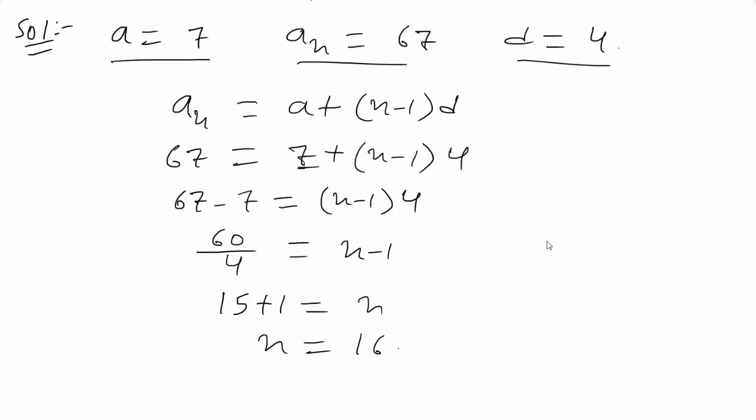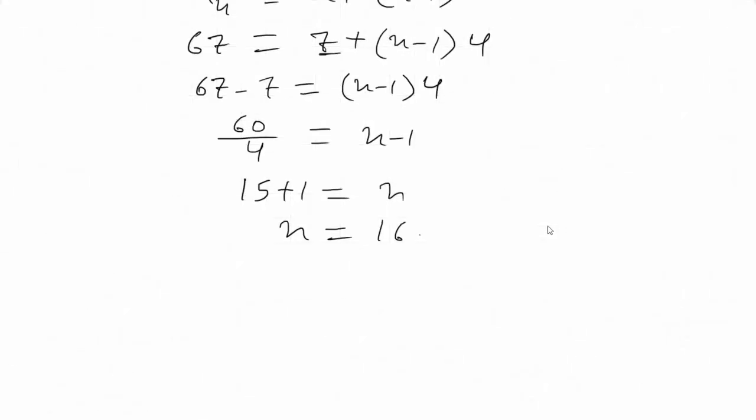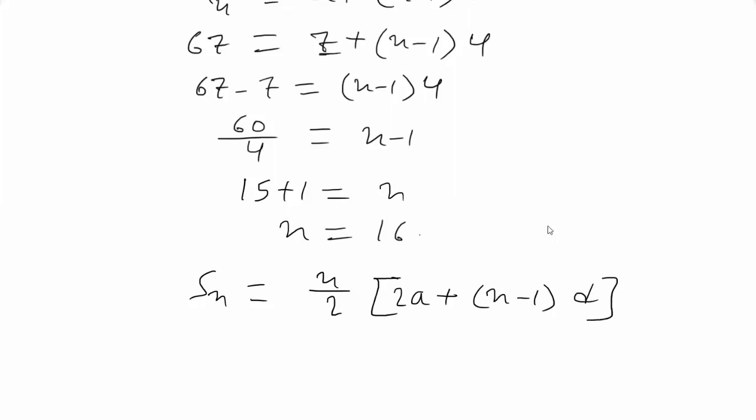Now once we know n, we can easily calculate the value of summation. So S_n, again I'll be writing the formula. Here we need to find S16, which is going to be 16 by 2, 2a, a here is 7, plus 16 - 1, I'm directly writing 15, and d is 4.